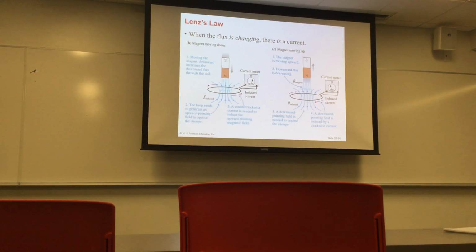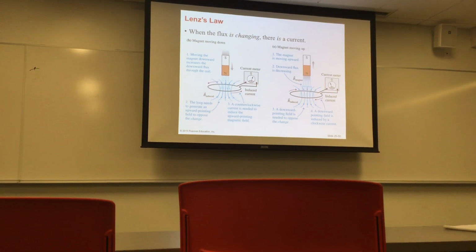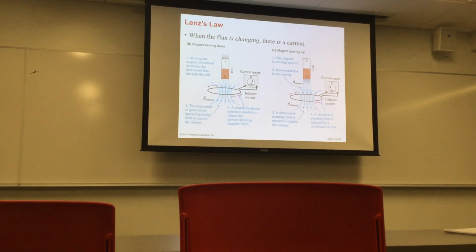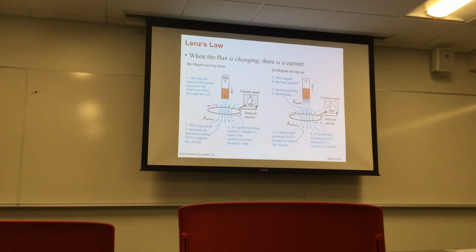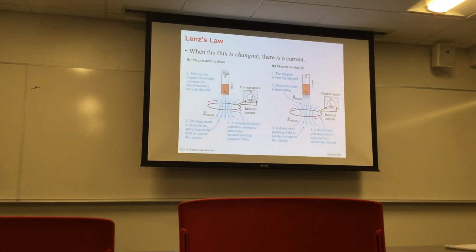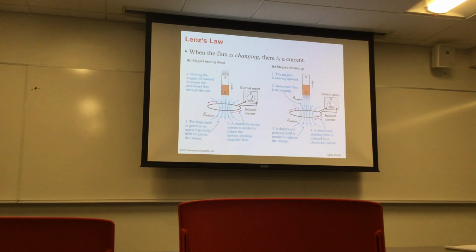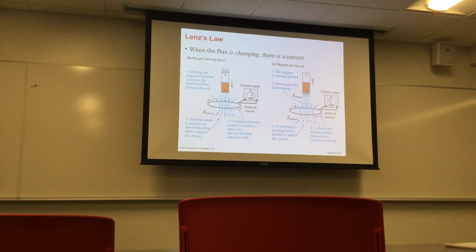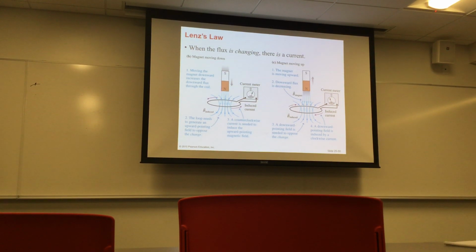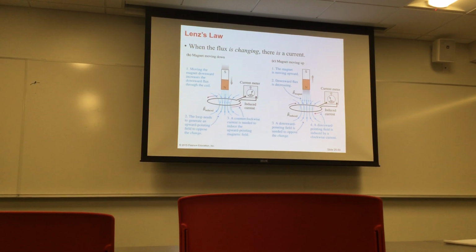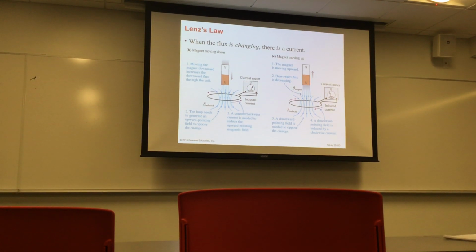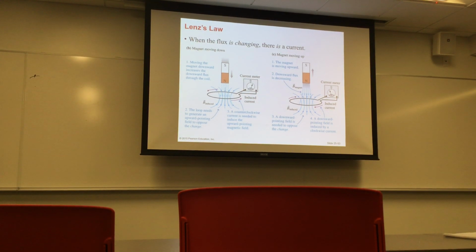It didn't have anything initially, or it had a weak magnetic field, so as it gets stronger, it tries to fight it by creating an opposing magnetic field to cancel it out. How can it do that? By creating a current that goes in this direction, which if I look at the loop from above, would be a counterclockwise direction, right? If I look at it from above, I need a magnetic field that goes up.